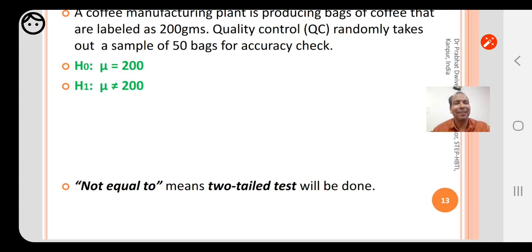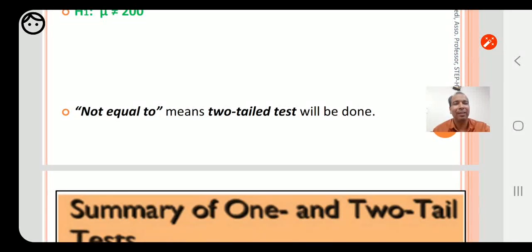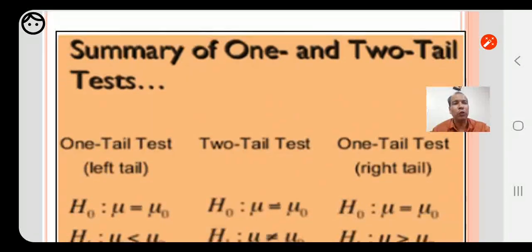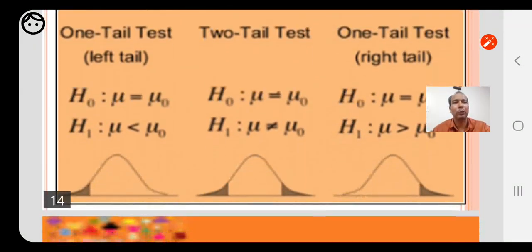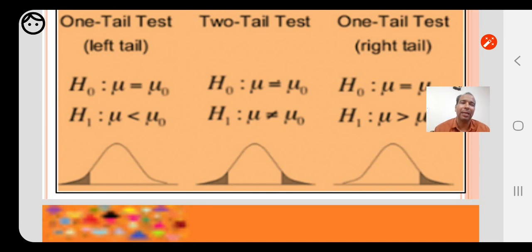Now let's cast a glance at the last slide, which shows you the one-tail test and two-tail test and the mathematical hypotheses formulated for them. The first diagram, which shows the darker side, the left side, is a one-tail test, also known as the left tail test.